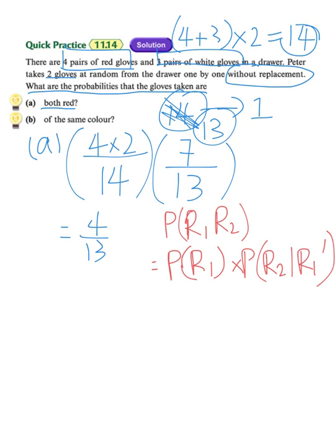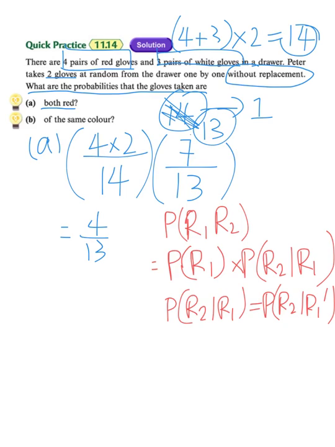The probability depends on whether we get the red in the first draw. Picking the second red is different if you did not get the first red.